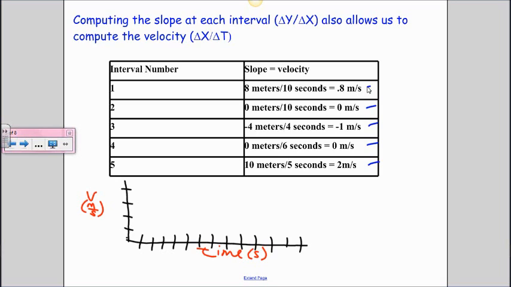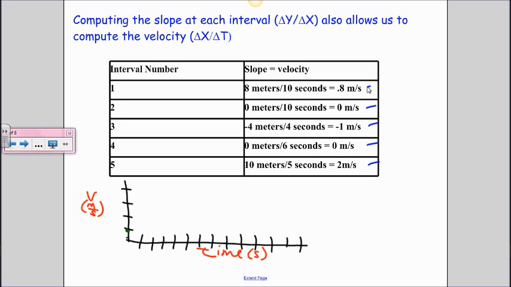All right, so let's try our hand at this. Interval number 1. What was the velocity during interval number 1? It was 8 meters per second, or 0.8. So that's about right here. And how long was he moving at 0.8 meters per second? Well, for 10 seconds.